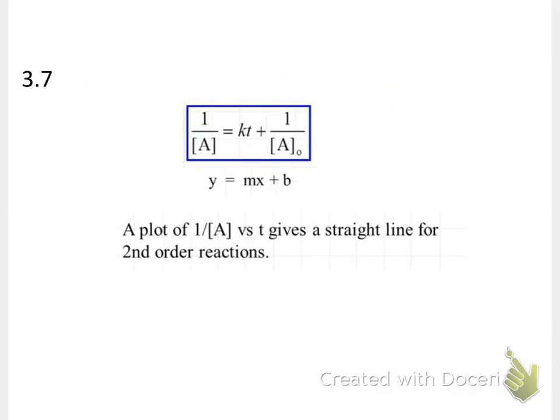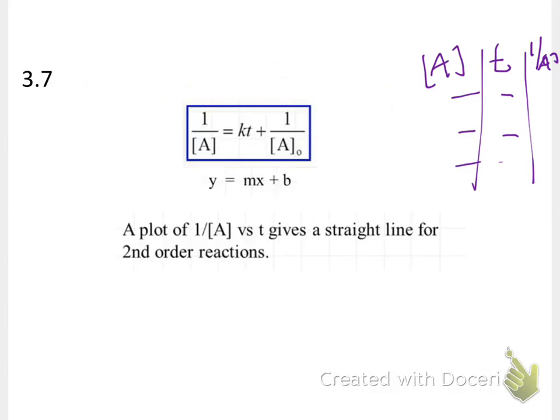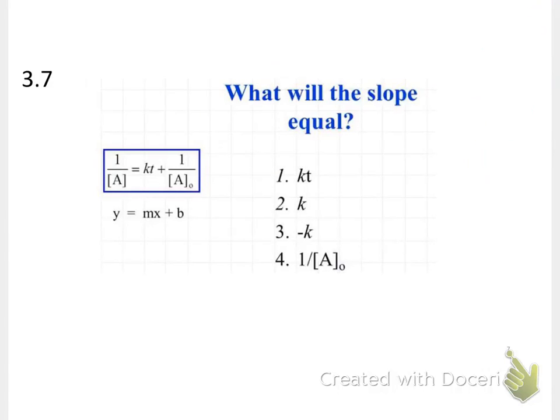So if we have a set of data and we are trying to determine if it's second order, and we have concentration and time given to us, you can try plotting 1 over A. Just use Excel and create one more column for 1 over A, and plot time on the x, 1 over A on the y, and if you end up with a straight line, you have a second order reaction. And the slope of that will reveal itself.